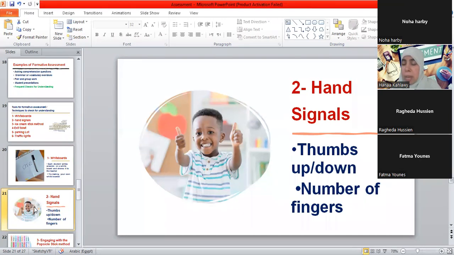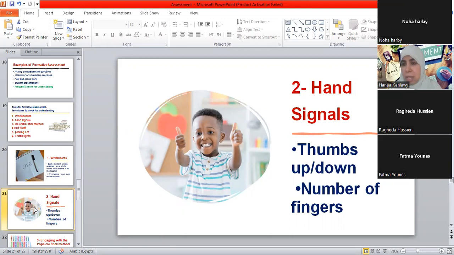So again, you can say a sentence, and according to what you want students to do, they can thumbs up and thumbs down. Number of fingers, for example, if they show just one finger, so they need help. They don't know the answer of the question, for example.